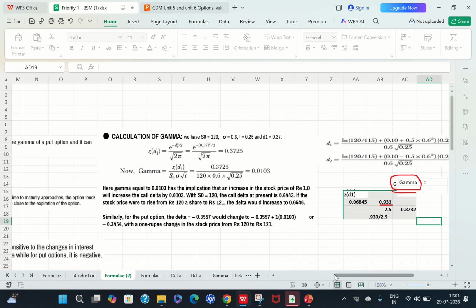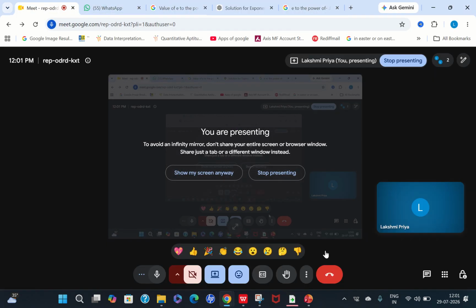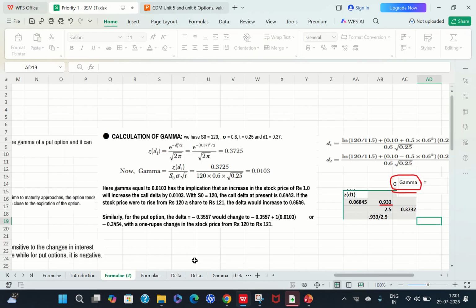So when I say gamma 0.0103, what does it imply? It implies that if my stock price is going to increase by 1 rupee, it will increase the call delta.